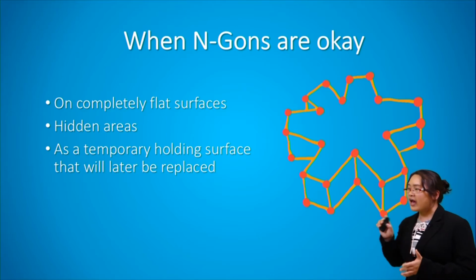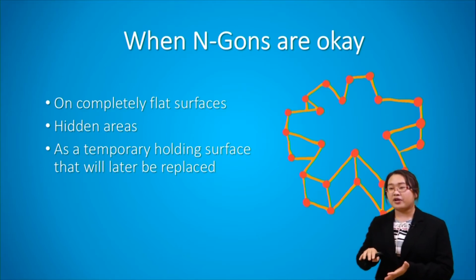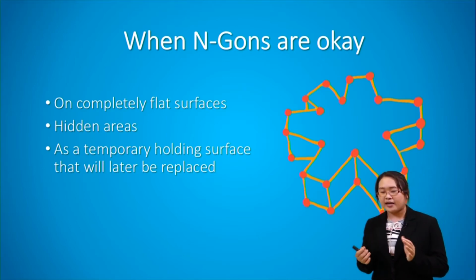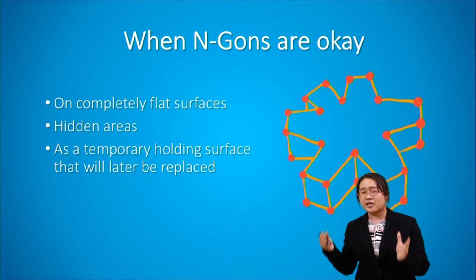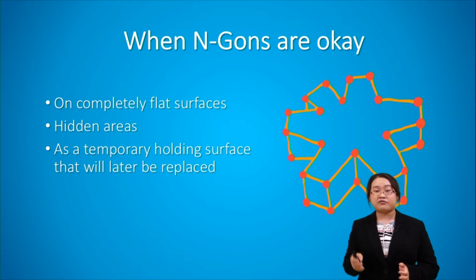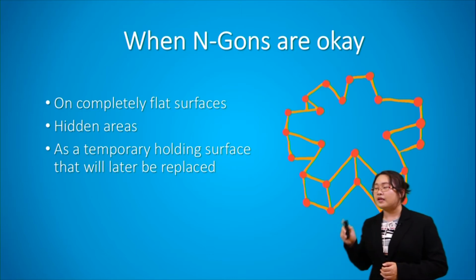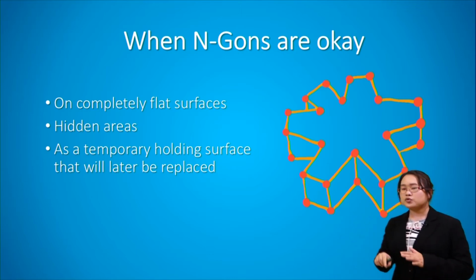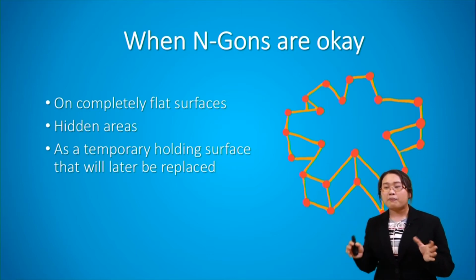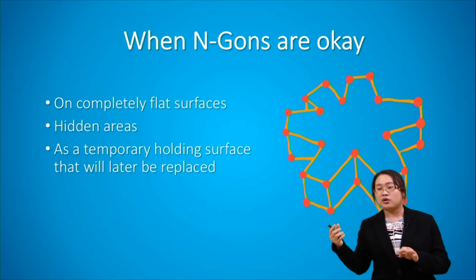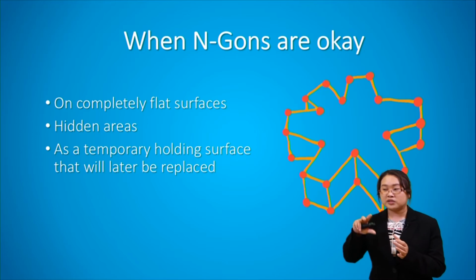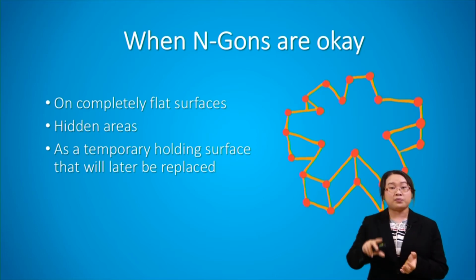Then if you have n-gons in a hidden area, for example, inside the characters or inside some box, that should be fine also. The last case is if you create n-gons in order to be like the original model that you will retopologize and replace with a new mesh. In that case, it should be fine also.